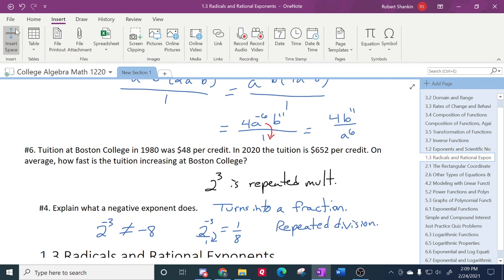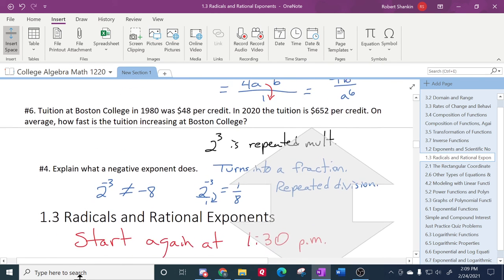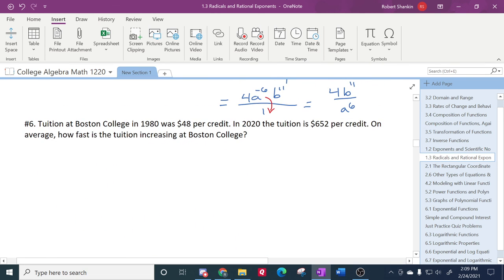So, tuition at Boston College in 1980 was $48 per credit. In 2020, the tuition is $652 per credit. On average, how fast is tuition increasing at Boston College?